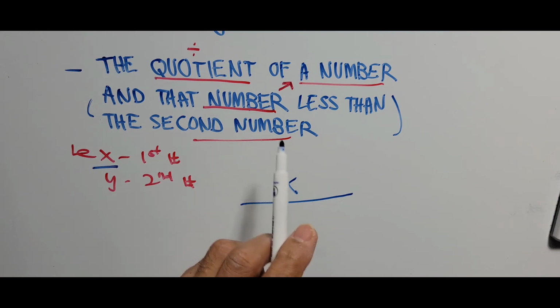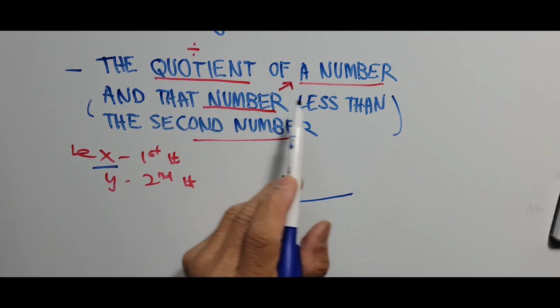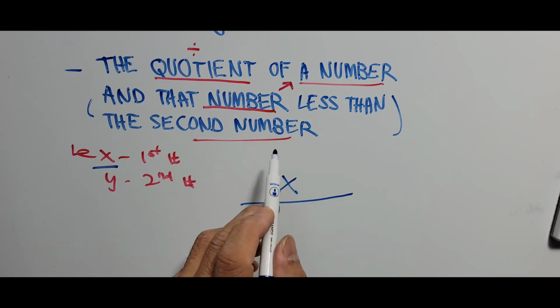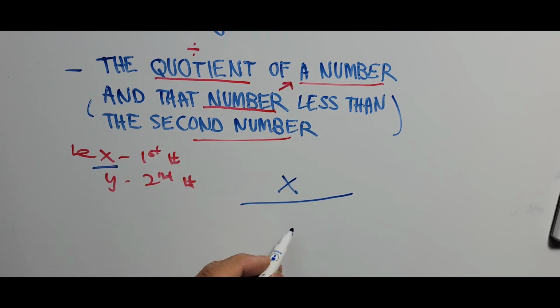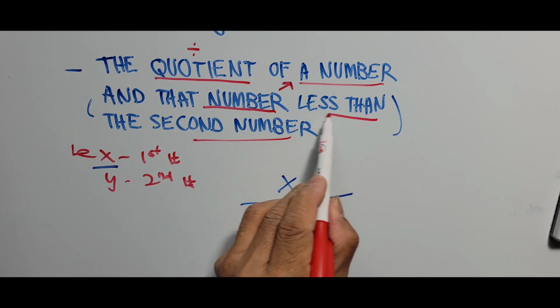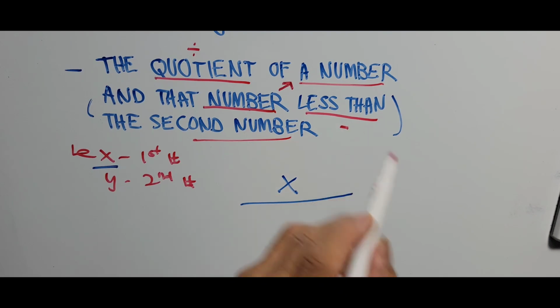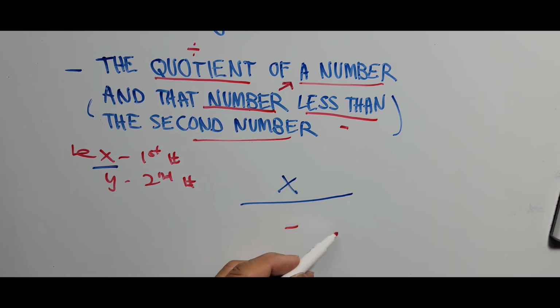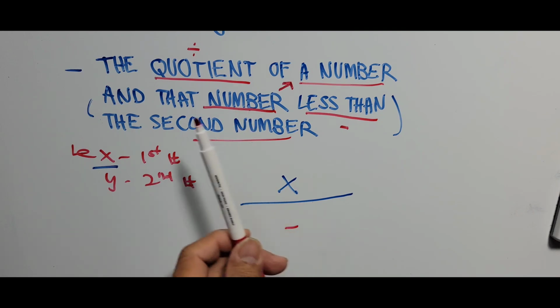So the quotient of a number and that number less than the second number. So less than, this is a signal word right there. Then what does it mean by that? Subtraction, right? So that means you write down subtraction right there. Now, which number are you going to write here, on the left or on the right? X or y? Now we have to understand this one again.